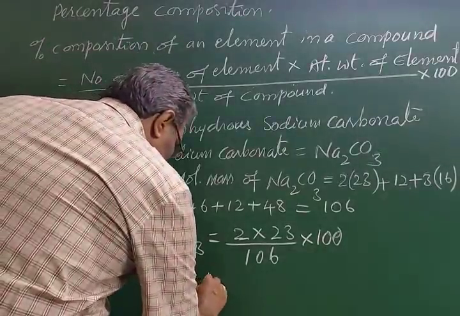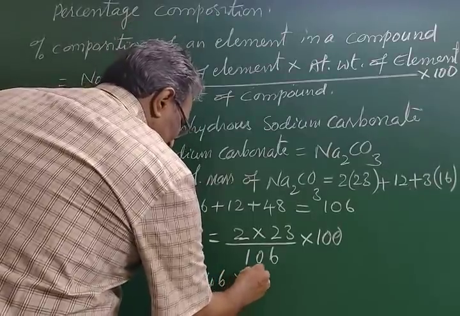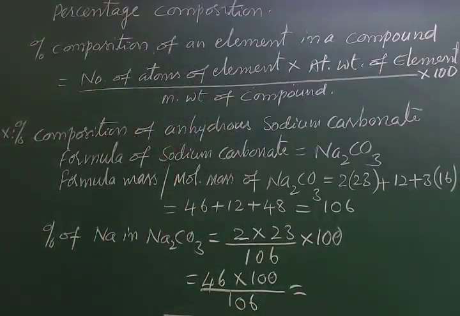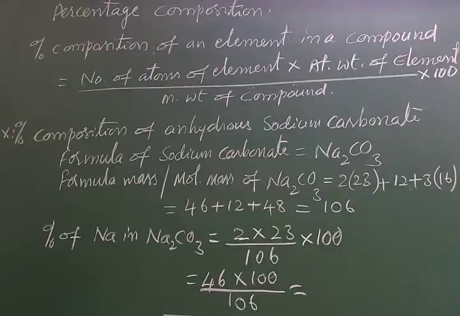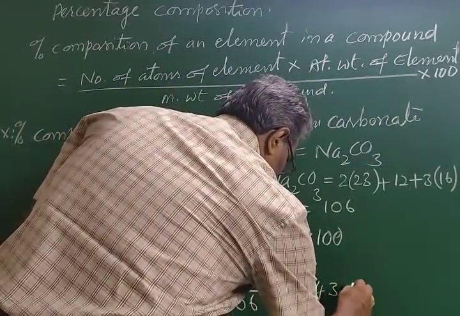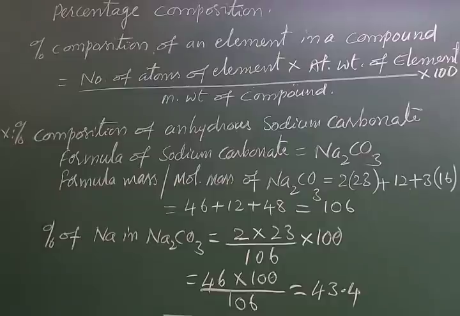That is equal to 46 into 100 by 106. On simplification, we get 4600 by 106, that is equal to 43.39, approximately 43.4.